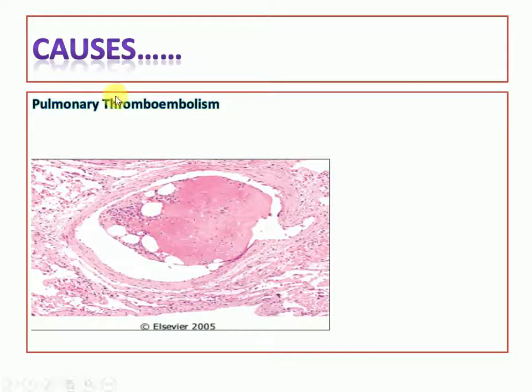This word thromboembolism means there is a pulmonary embolism which comes after a thrombus dislodges from a certain part of the body and goes to the pulmonary arteries, for example the pulmonary trunk, and then lodges there and causes a blockage of the passage of blood.